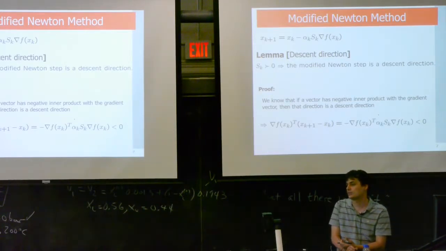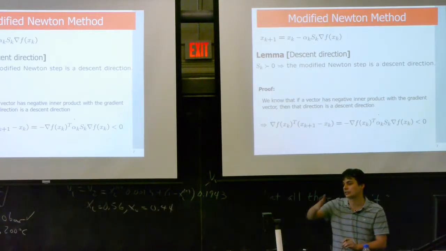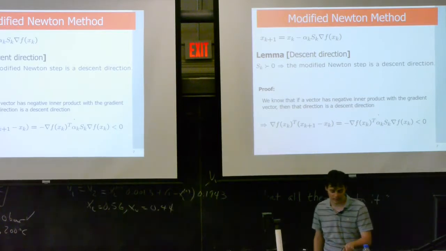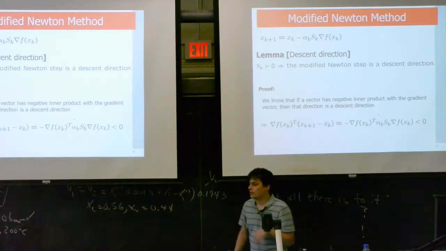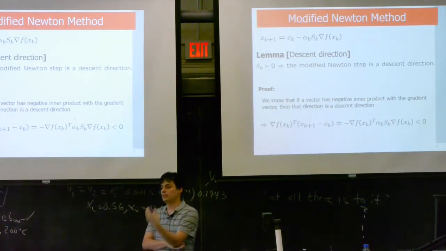That's the descent direction. I see some people frown here. So again, if you calculate the gradient of a function, the negative gradient points to the direction where the function descends the most. We say a direction is a descent direction if the inner product with the gradient is negative.